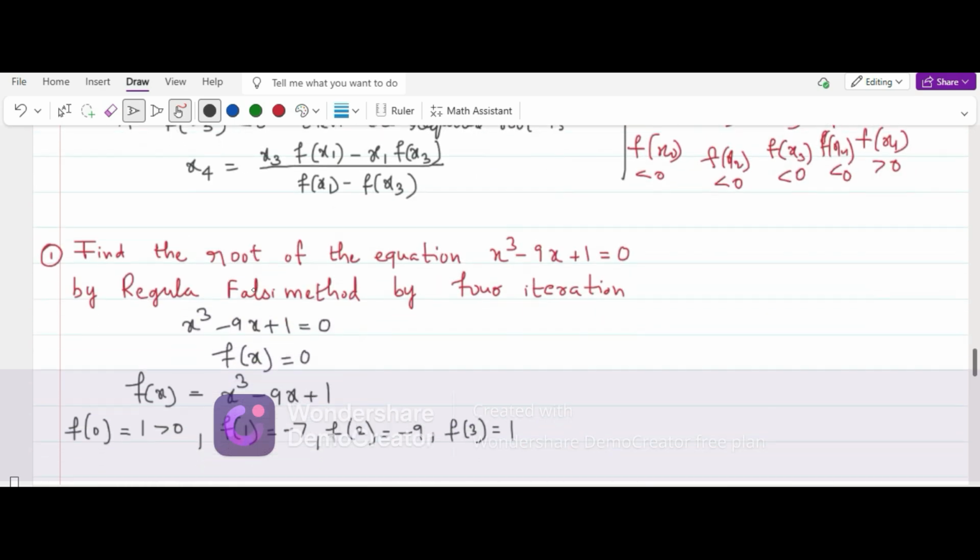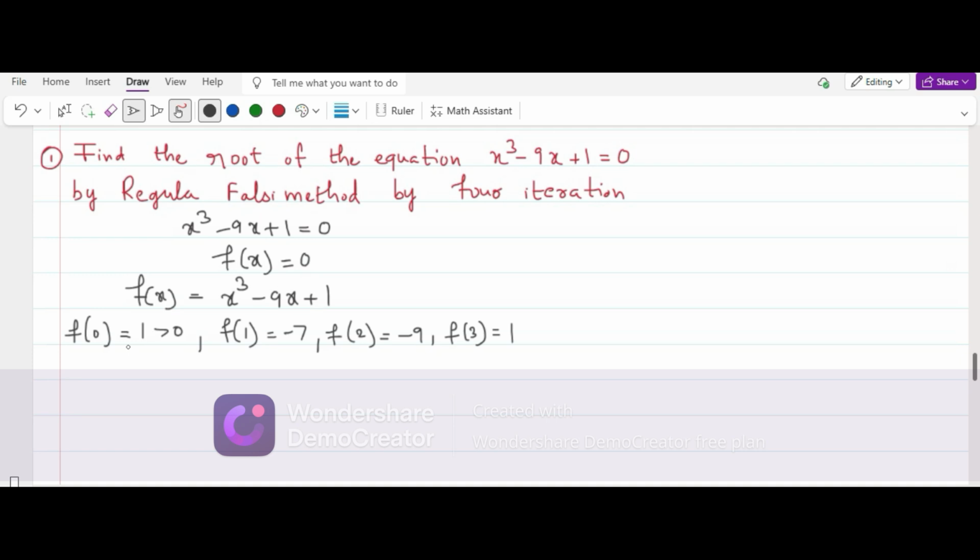ಸೊ ಇಲ್ಲಿ ಏನು ಮಾಡ್ತೀರಾ ನೀವು? ಯಾವುದು x0 ಯಾವುದು x1? You have to choose x0 and x1 in such a way that f of x0 is negative and f of x1 is positive. You cannot take 0 and 1 here. Even though f of 0 is positive, f of 1 is negative. But you can take 2 and 3 here.